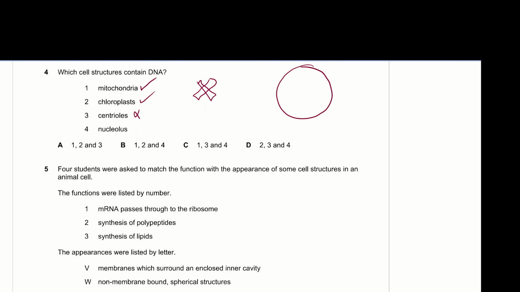They are found at the poles of the cell during mitosis, and they produce the spindle fiber also during mitosis. So this is incorrect. For 4, nucleolus. Yes, it definitely does contain DNA. So the answer is going to be B.